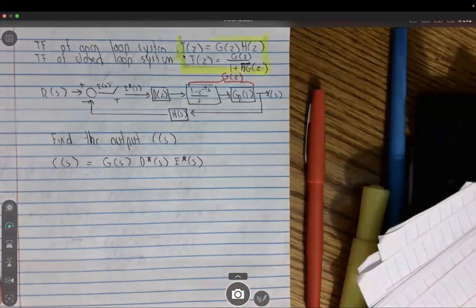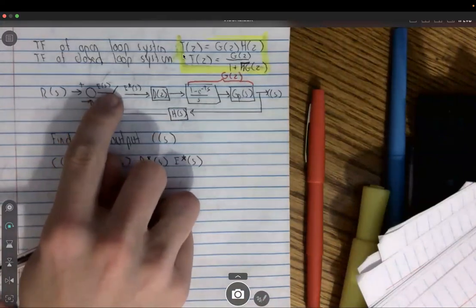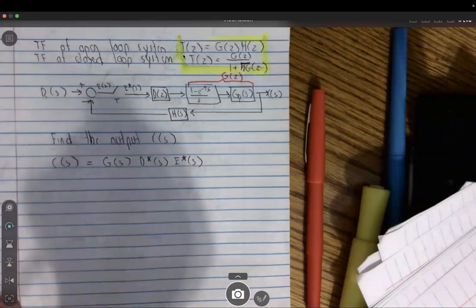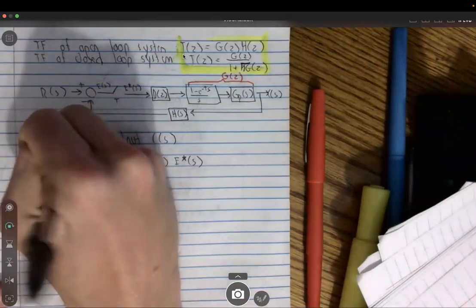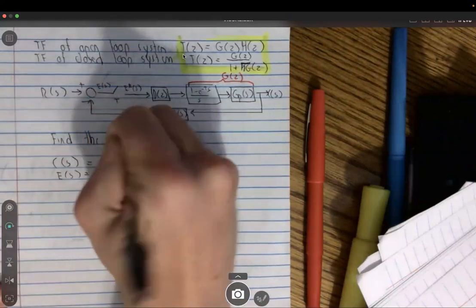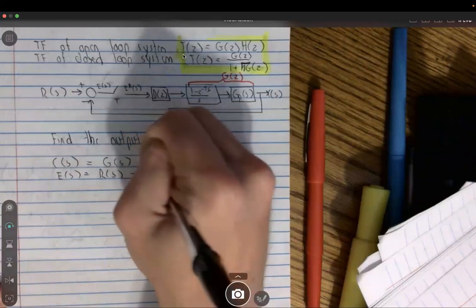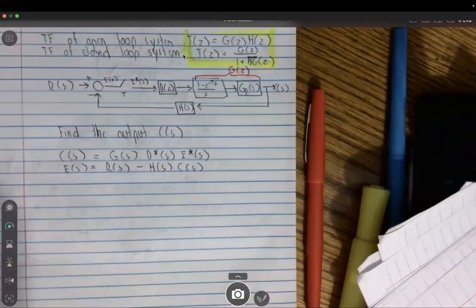Then we would have to write an equation for the input to the switch. So we would just write E of s in terms of the output: R of s minus H of s times C of s. Okay, so that's what we have here.